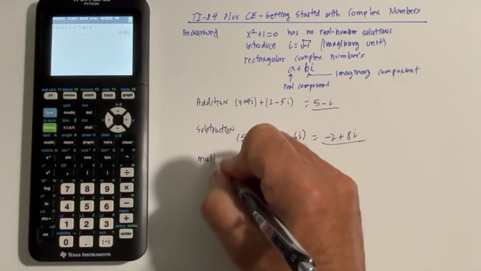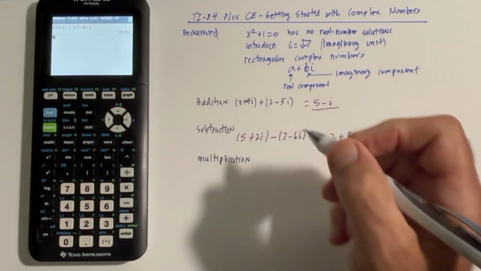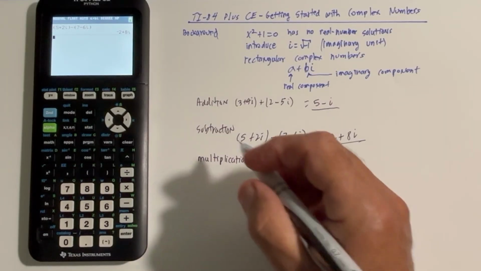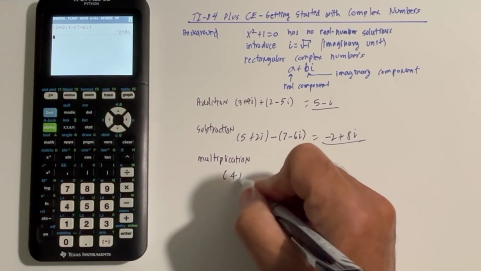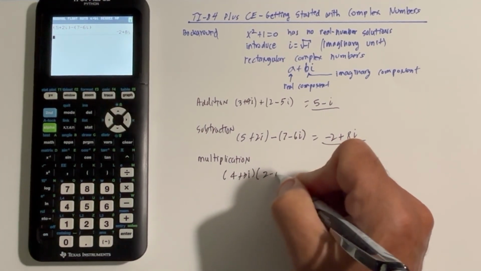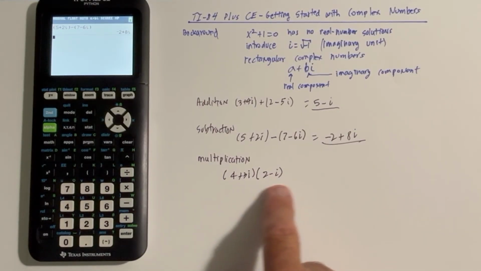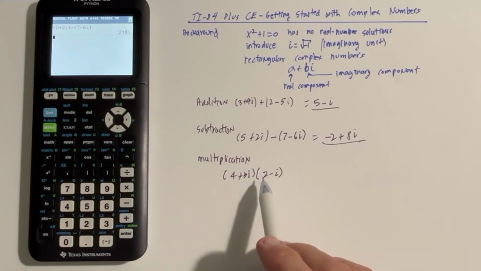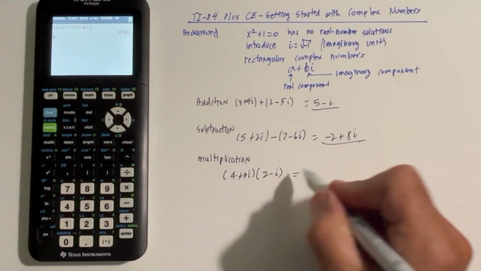Now let's do a multiplication. What we want to do is multiply 4 plus 3i times the quantity 2 minus i. Now here we just basically do the FOIL method of first, outer, inner, and last. I'll just do this real quick.